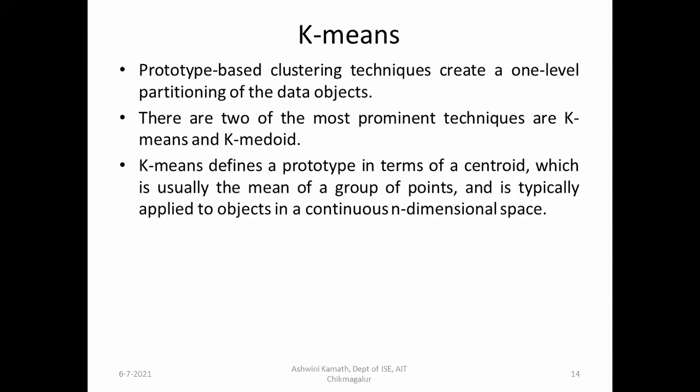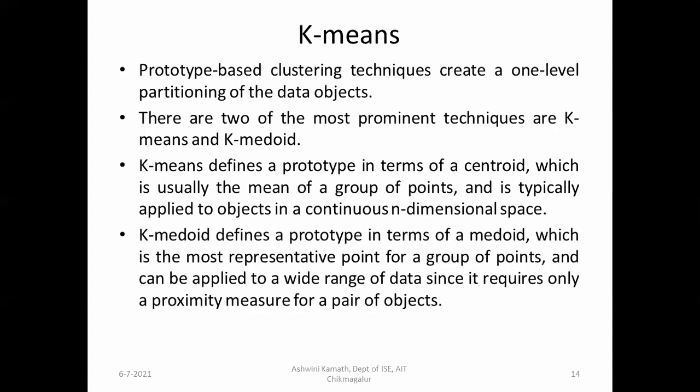K-means defines a prototype in terms of a centroid, which is usually the mean of a group of points and is typically applied to objects in a continuous n-dimensional space. So K-means is used for data which is continuous and in n-dimensional space.